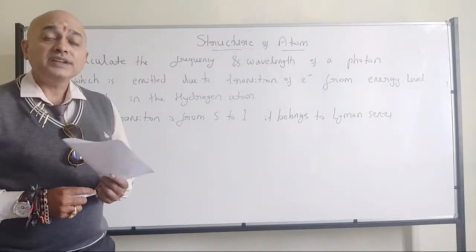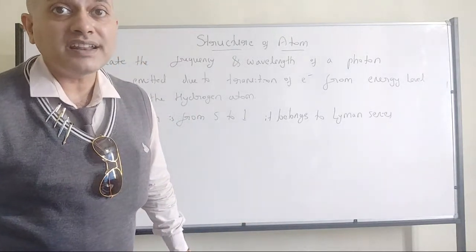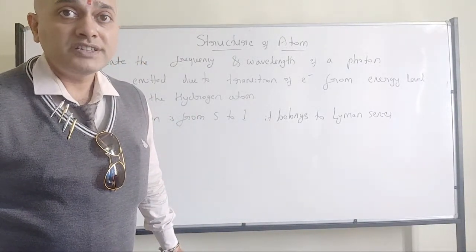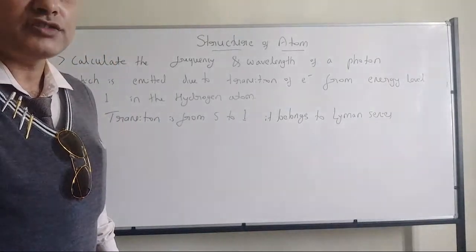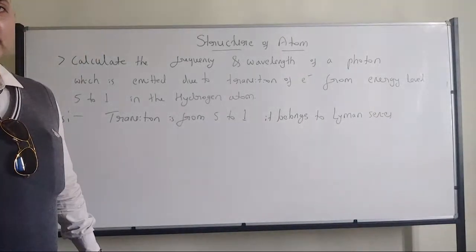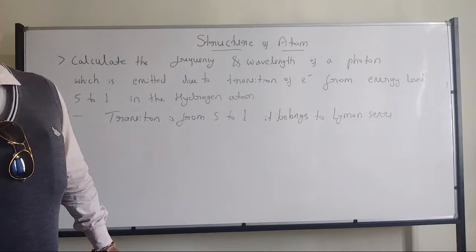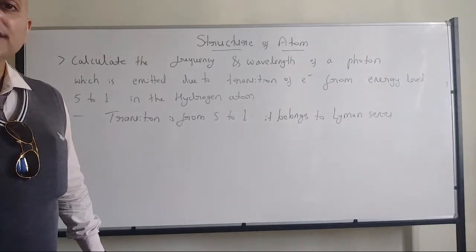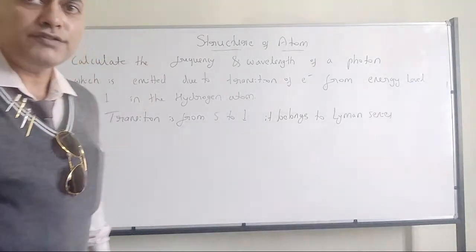Okay. Now in Lyman series, which electromagnetic spectral region does it belong to? In the electromagnetic spectrum, which region? Whether visible, UV, X-rays, gamma rays, radio waves, where does it belong? Lyman series. Any one of you?